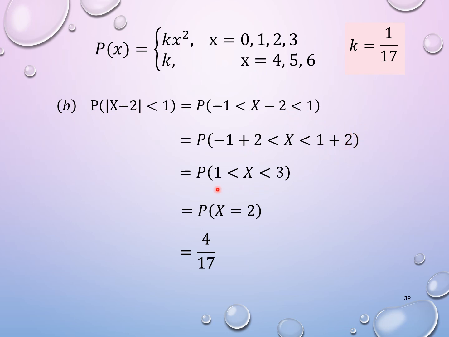Now you have a new probability, which is probability x greater than 1 and less than 3. So the value of x in the middle of 1 and 3 is 2, which is equal to probability x equal to 2. For probability x equal to 2, we refer to kx squared. We already knew that k is 1 over 17, so we substitute 1 over 17 times 2 squared. Then you get 4 over 17.